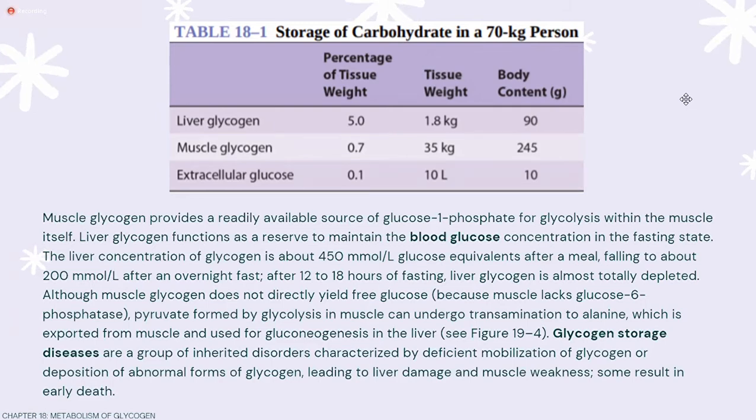So that glucose can never be free and cannot get out of the muscle cells. While the liver has a phosphatase and removes the phosphate from glucose, and you have now what we call a free glucose. When we say free glucose, it means without the phosphate, nothing is attached to it. It's free.